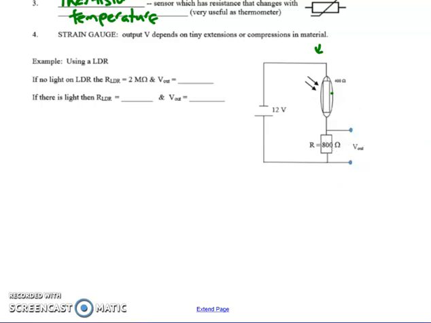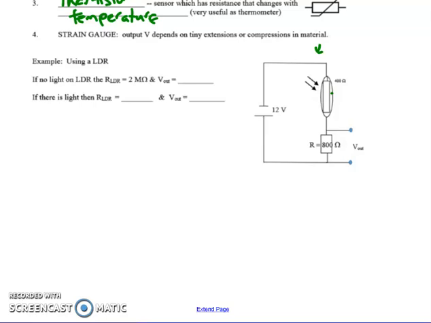What we want to understand is that if there's no light on the LDR, the resistance of the LDR is 2 megaohms. So it's a very, very high resistance. It's not shown in the schematic; the schematic is when there is light, but let's take this case for now.